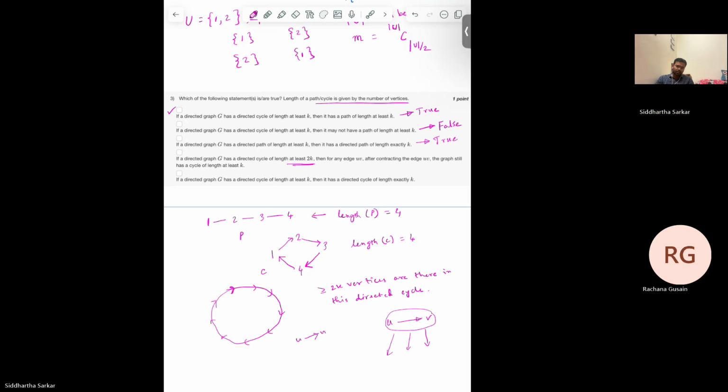All right. So after the contraction operation also, the graph still has a cycle of length at least k. So that we have to prove or disprove.